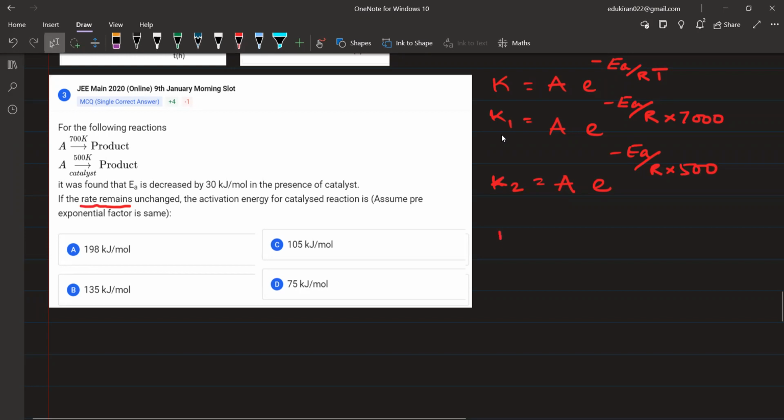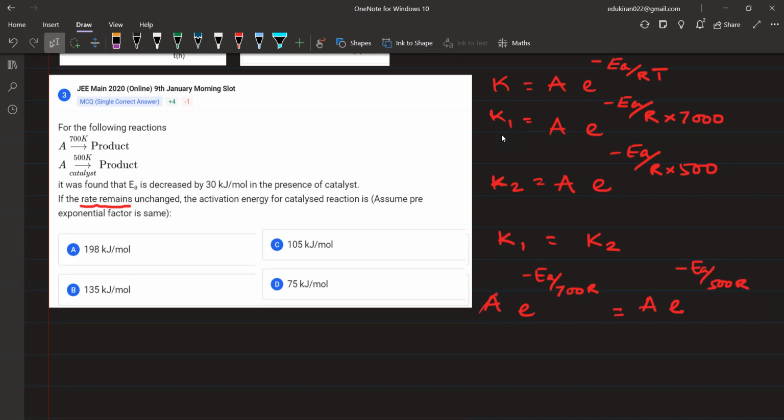So I can write K1 will be equal to K2. So A into e to the power minus EA upon 700 R will be equal to A into e to the power minus EA upon 500 R.